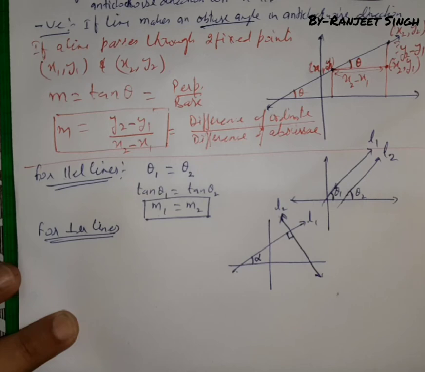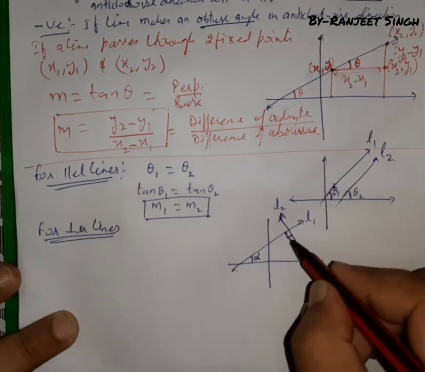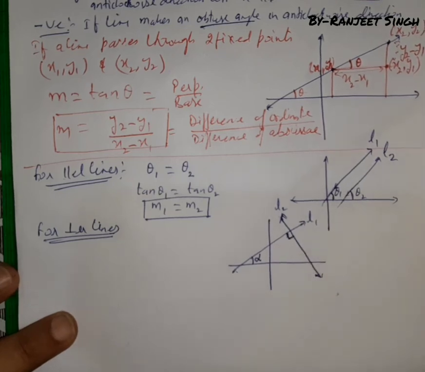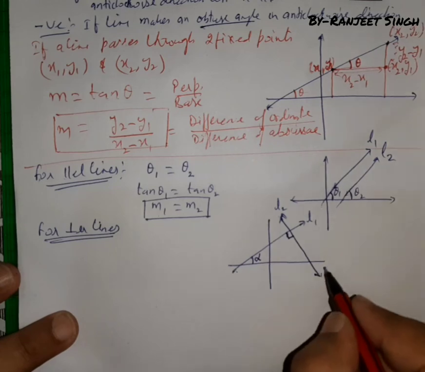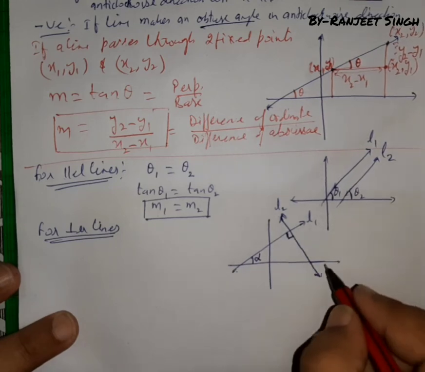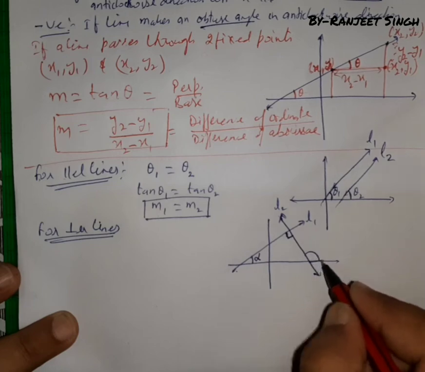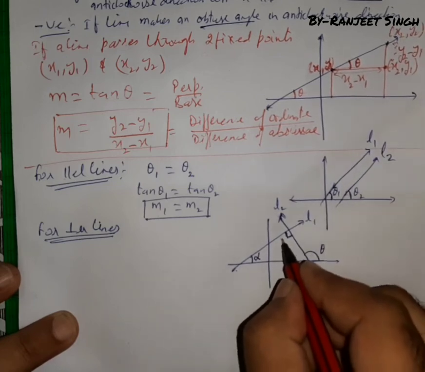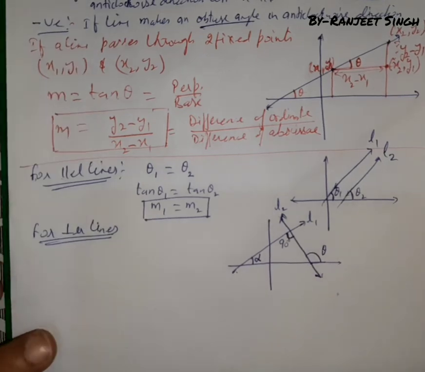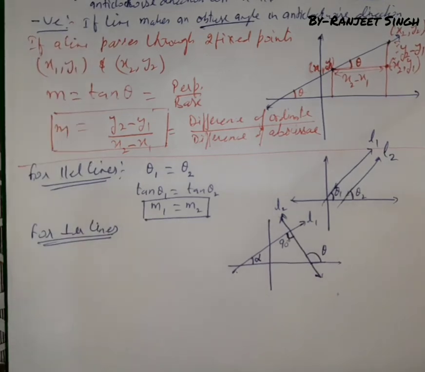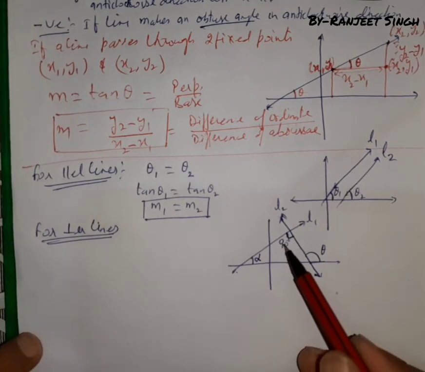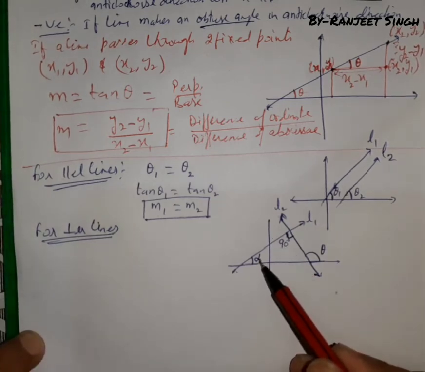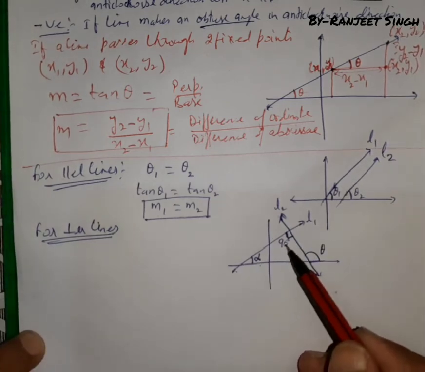Then this angle will be 90 degrees since the lines are perpendicular. Now the inclination of this line L2 will be this, and let us say this is angle theta, and this angle is 90 degrees. So from here, since we already know these two angles, I have taken the angle made by the line L1 as alpha and this is 90 degrees.